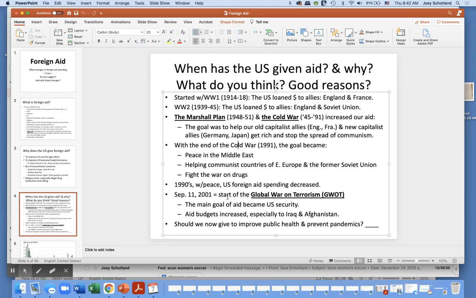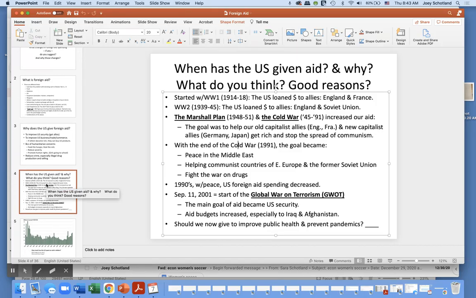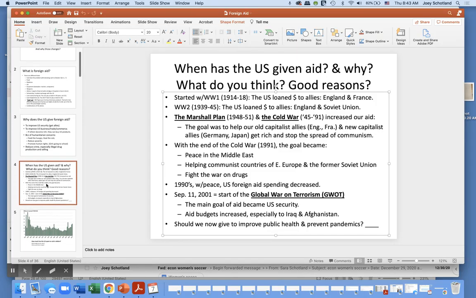Those terrorist attacks started the global war on terrorism, the GWOT, and the main goal of US aid again became security, and our foreign aid spending increased, especially giving money to Iraq and Afghanistan. Do you think we should now give money to poor countries to improve their public health and improve their hospitals to prevent pandemics? Would that be a good use of our tax dollars and foreign aid spending?